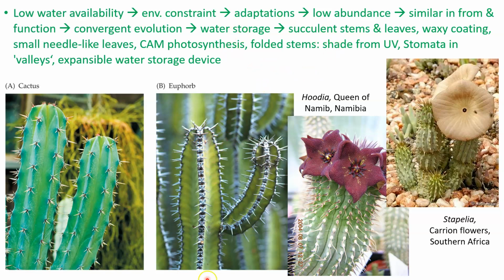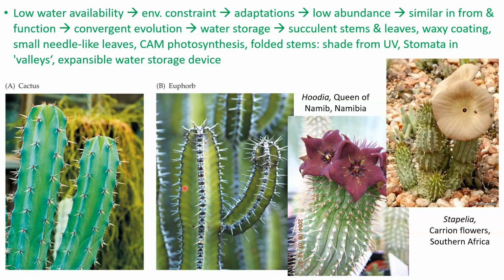The stems are actually folded. The reason is that it creates a ridge and valley kind of surface that further limits and prevents water loss from the plant surface. Particularly, that morphology protects the plant body from harmful UV radiation. UV radiation at high energy levels can damage plant tissues, particularly photosynthetic organs.